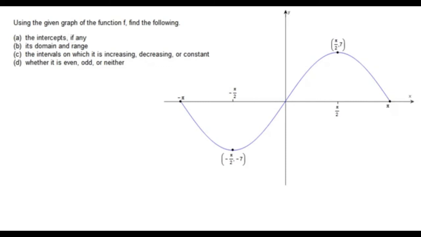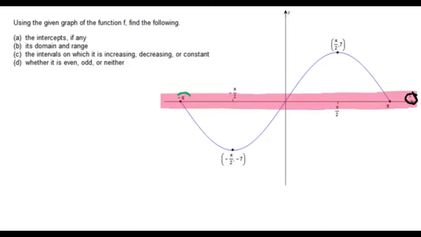So intercepts, you can have x-intercepts and y-intercepts. An x-intercept is where the graph crosses the x-axis. So this is the x-axis, the horizontal axis, which I'm highlighting. And we're looking for places where the graph either crosses or touches the x-axis.